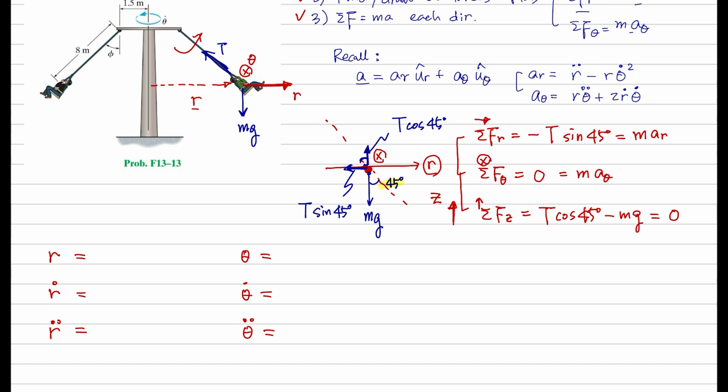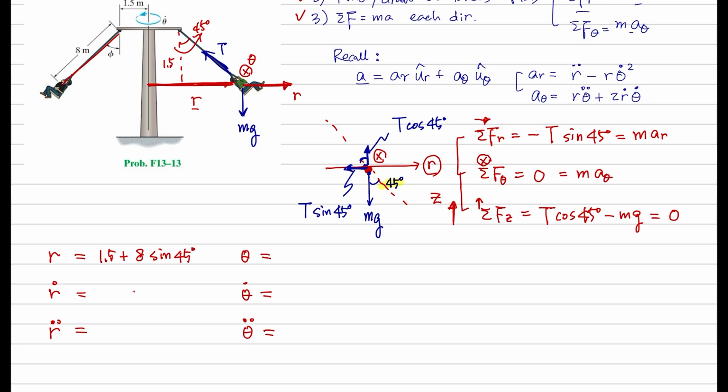Okay, so r is, this was my r, wasn't it? That's going to be 1.5, and the length was 8 meters, and this is 45 degrees, so 8 sine 45 degrees. So 1.5 plus 8 sine 45 degrees. That's my r.